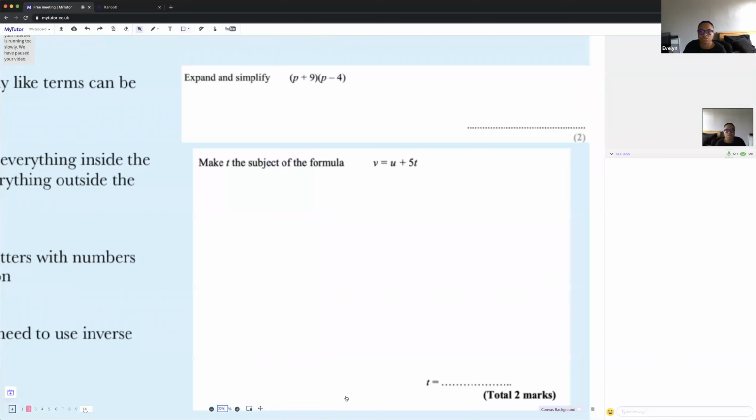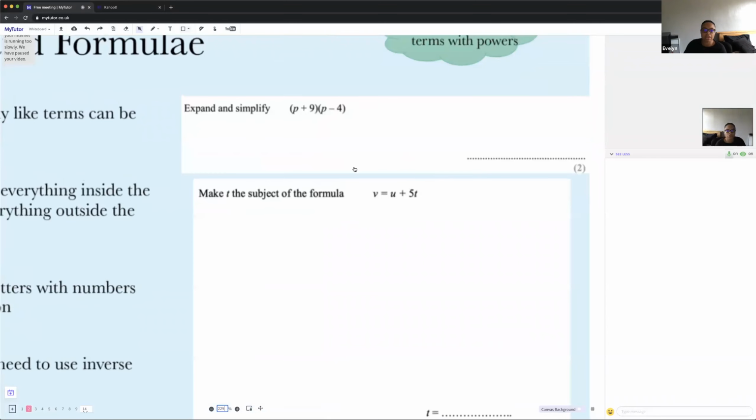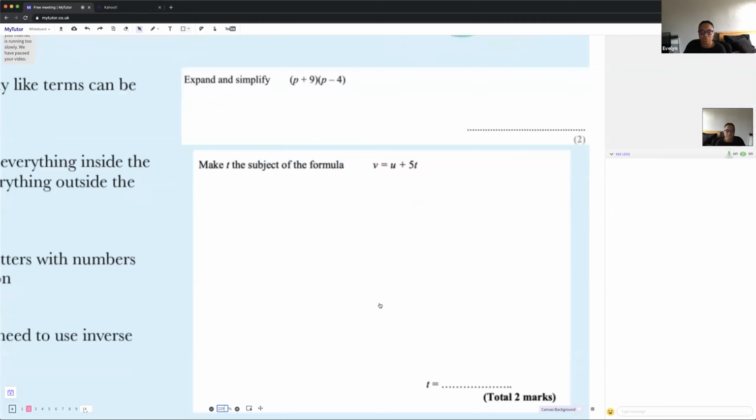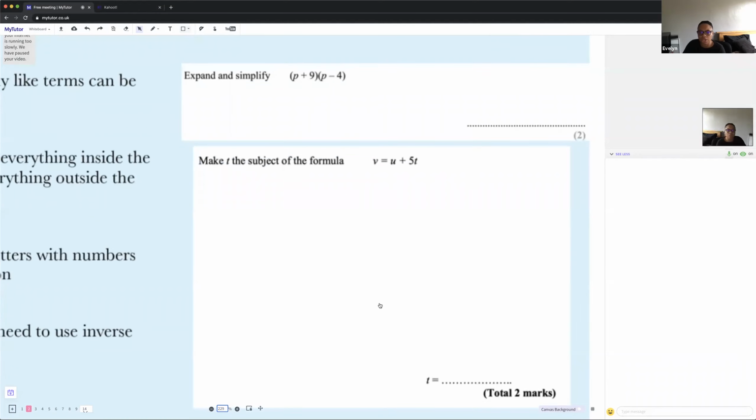Let's move over. If you can't read it, the first one is p plus 9 and p minus 4. Hopefully you can see it now. And then the bottom one is v equals u plus 5t. So have a go at the first and the second one. Got some answers for the first one.